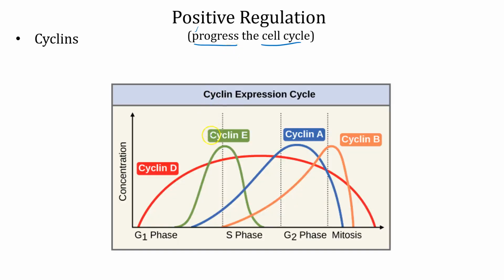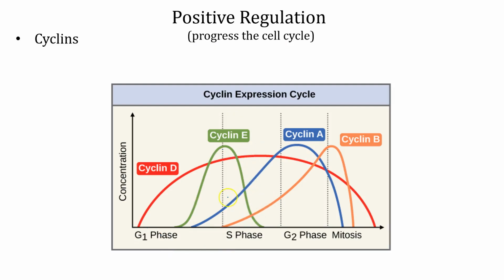And you can see that if you were to measure the amount of cyclins, they increase right in between these phases. Now you don't actually have to know all the different cyclins here, E, D, A, and B, but I'm just trying to show you that, let's say, when a cell is getting ready to go from G1 to S, one of the things that promotes that is this accumulation of cyclin E. And then once it reaches a certain point, it's going to say, okay, go ahead to the S phase.